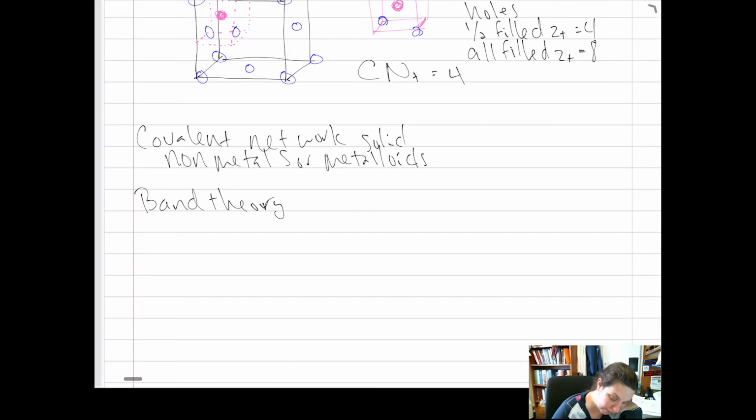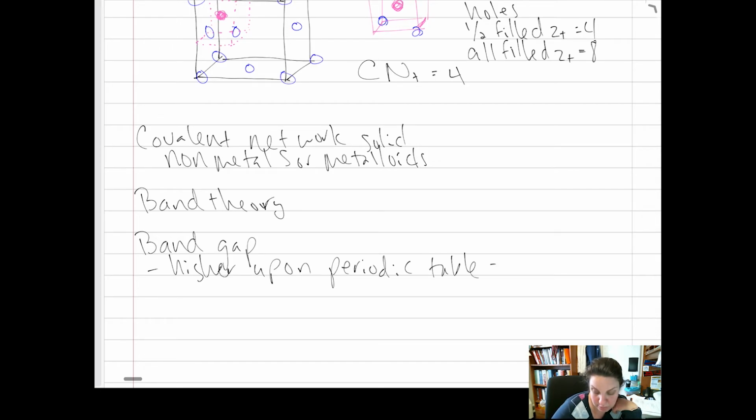So your band gaps. Higher up on the periodic table, greater band gap. And then if the horizontal separation increases, this will lead to an increase in electronegativity difference and bond polarity, and an increase in your band gap.